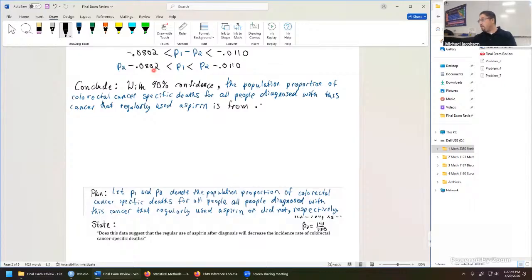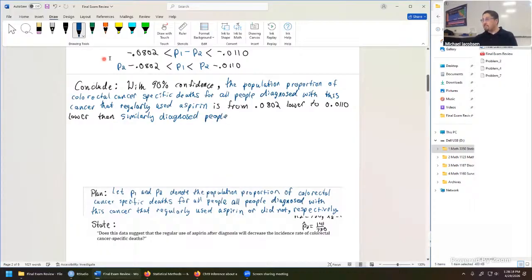Is from 0.0802 lower. When I say lower, I've conveyed the negative sign, so we don't want to duplicate that, to 0.0110 lower than similarly diagnosed people.